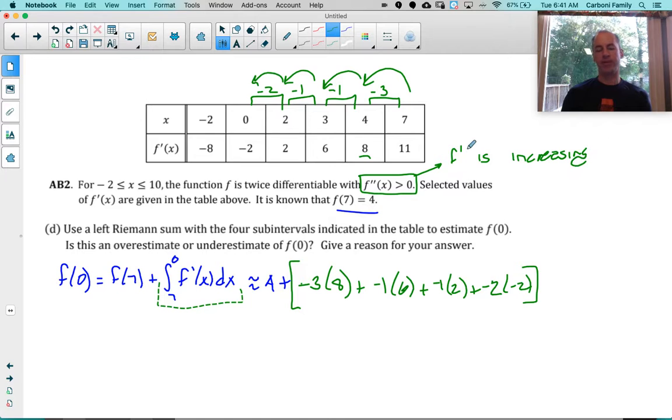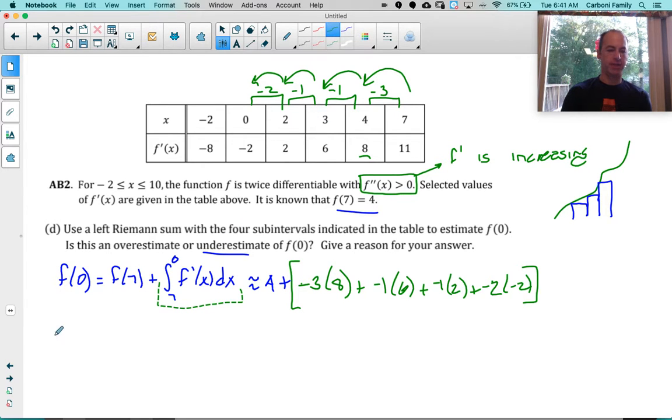The relationship from f prime to f double prime is the same relationship as f to f prime. So f double prime positive, f prime is increasing. And if you have an increasing function and you estimate area with left Riemann sums, your rectangles will always be underneath the curve. So this is going to be an underestimate. The reason for that is that f prime is increasing.